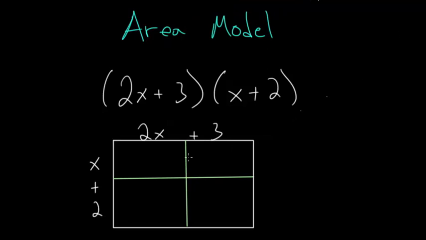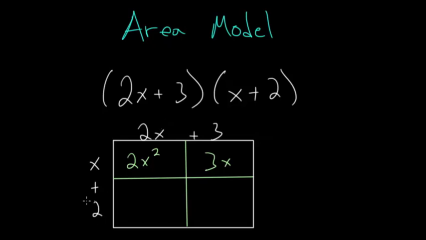And the reason I did this is that now we essentially need to find the area of each of these individual rectangles. And we can do that by just multiplying the length and the width of each of the rectangles. So for this one, we have x times 2x, which is 2x squared. Over here, we have 3 times x, which is 3x.